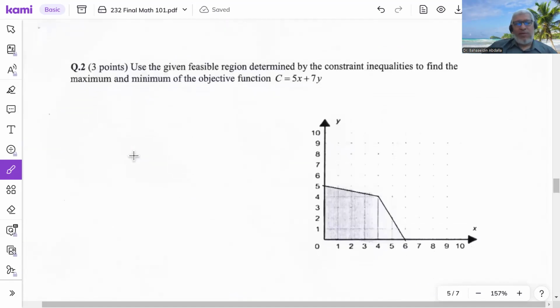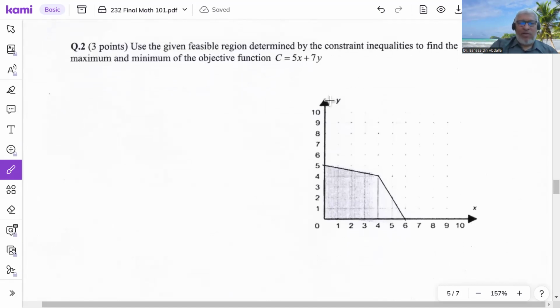Use the given feasible region determined by the constraint inequalities to find the maximum and minimum value of the objective function. Well, this is the region, the dashed region, and I need to find the corner points and put them in a table.